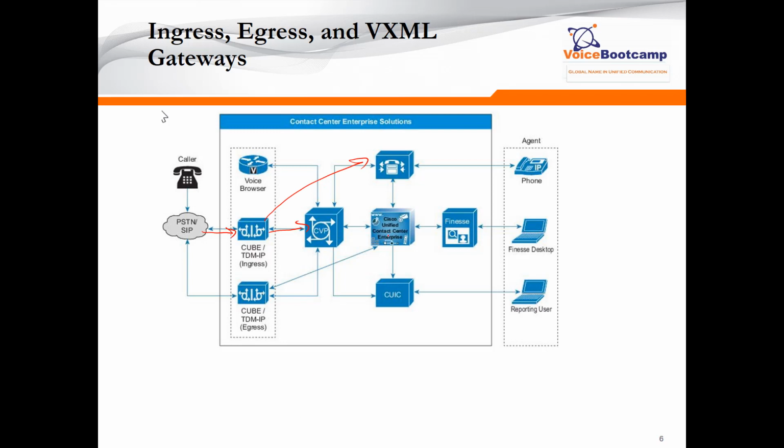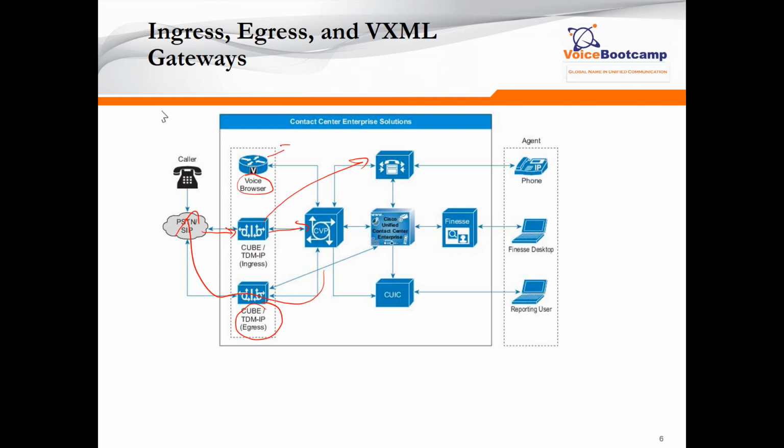In some environments, you may need to send calls out to the PSTN or to the rest of the world. In that case, we'll use a gateway that happens to be an egress gateway. Both ingress and egress gateways can be the same router. Now, the VXML browser, also known as the VXML gateway, is responsible for rendering VXML applications.